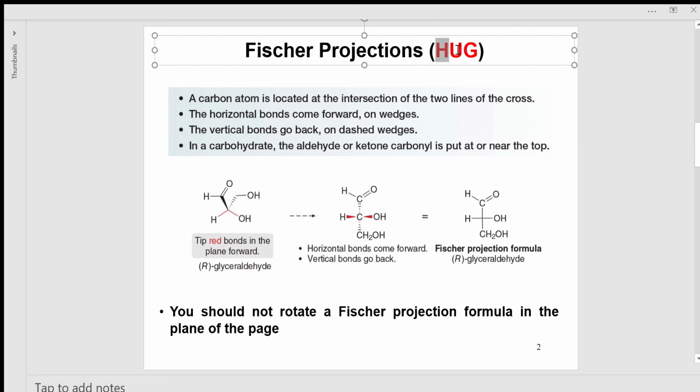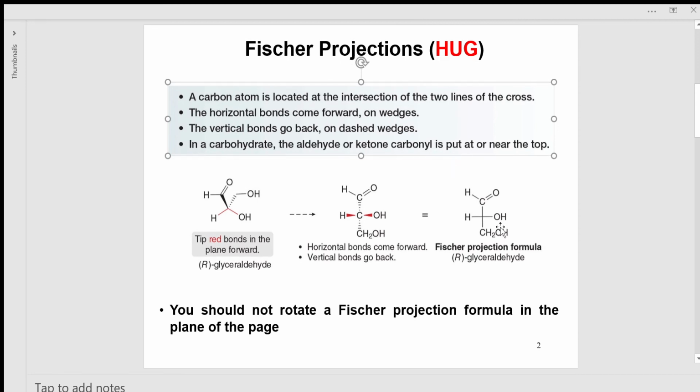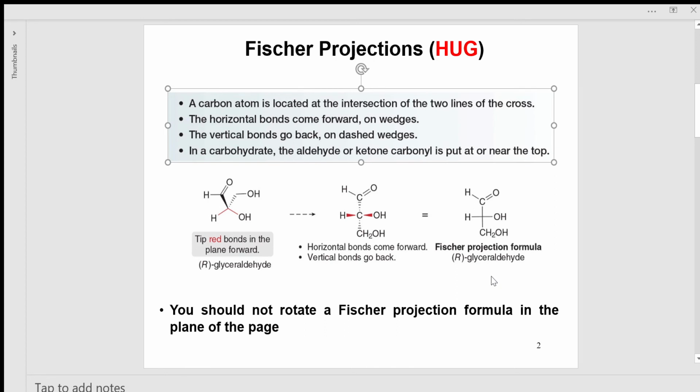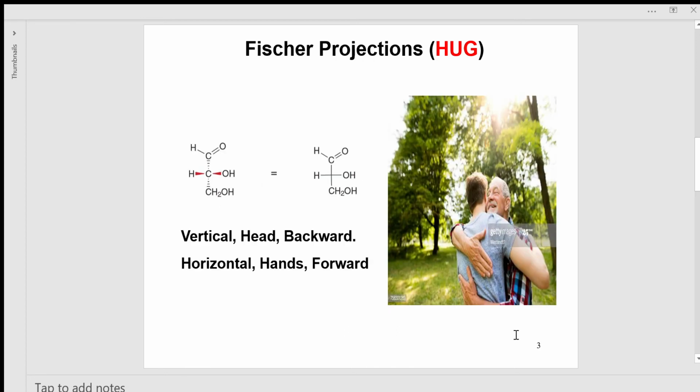Why I call this a hug is, I hope this hug would help you to remember how we represent the 3D structure of the carbohydrate molecules with the 2D drawing. Okay, this is why it's a hug. This is what I mean by a hug.